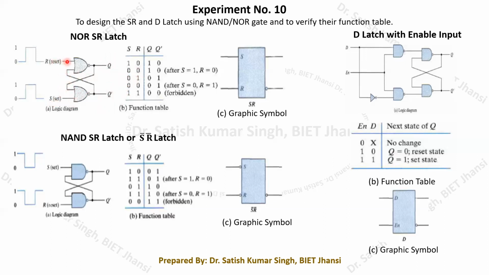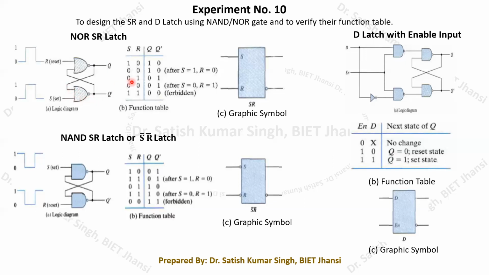When you apply r equals 1, you know that because one of the inputs to this NOR gate is equal to 1, that time this q will become 0. And that time this 0 will be applied to this particular input, and this 0 and 0 combination will drive this output to 1.